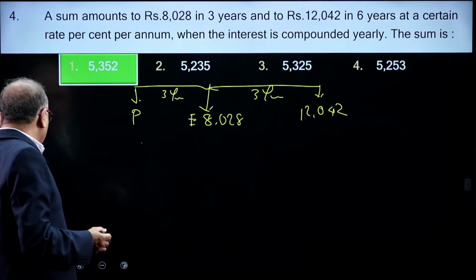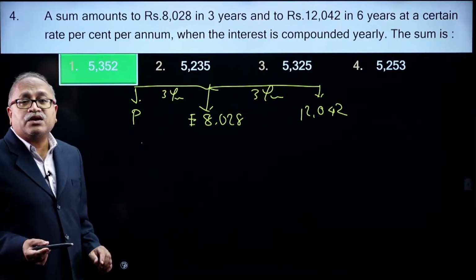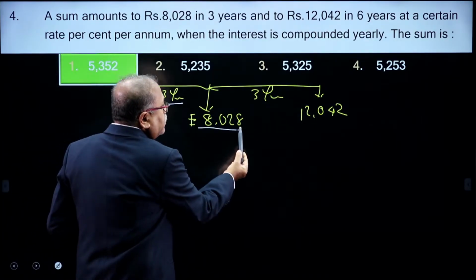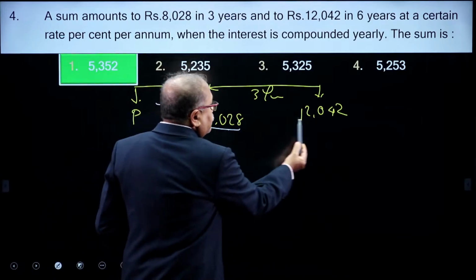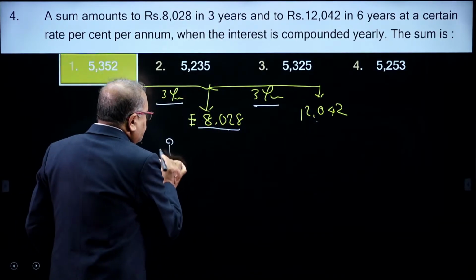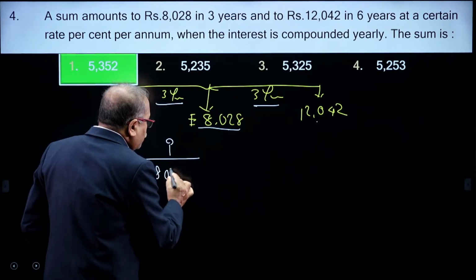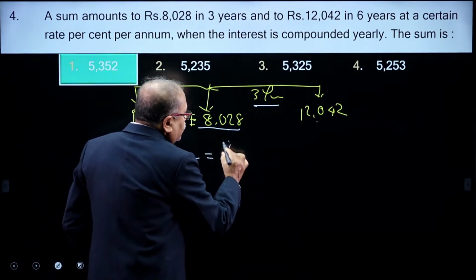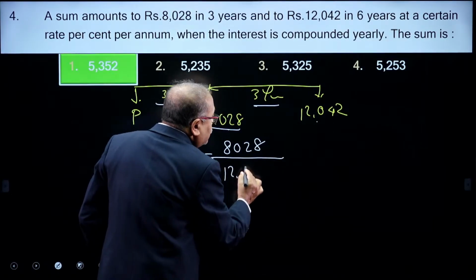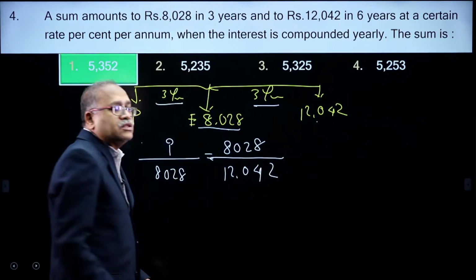So, what you might have done, the moment you understood that the time period from P to this amount and from this amount to this amount is equal, then you must have written P by 8028 will be equal to 8028 by 12,042. You must have written this part.